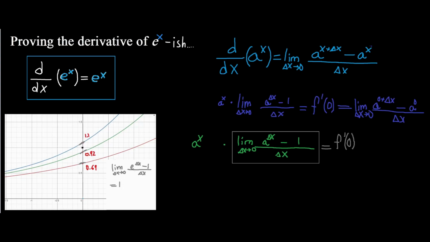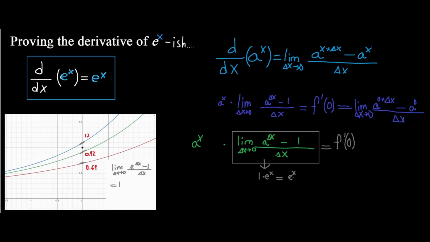So what do we know here? If this whole thing in the box is equal to 1, and we have this a to the x outside, which in this case is e to the x, we have 1 times e to the x, and that's just e to the x.